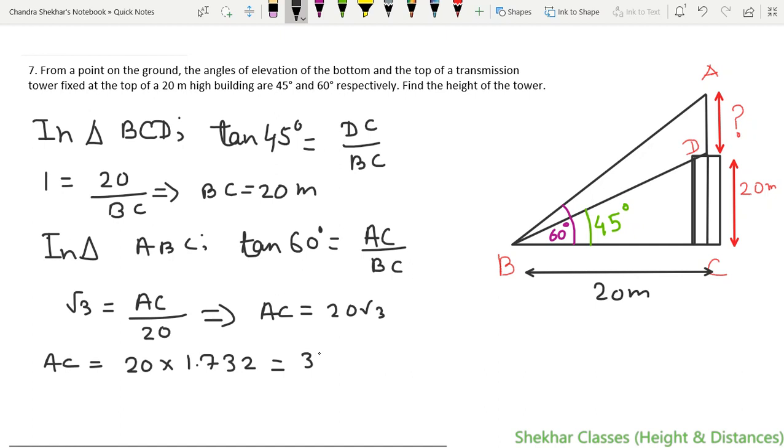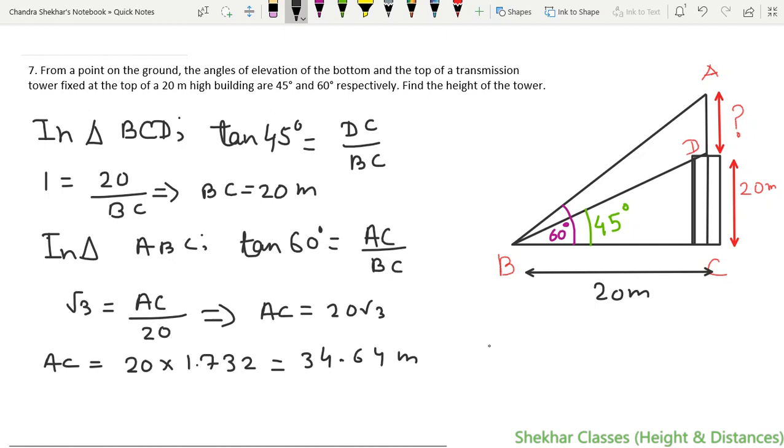So we got the entire length of AC as 34.64 meter. But we have to calculate AD.